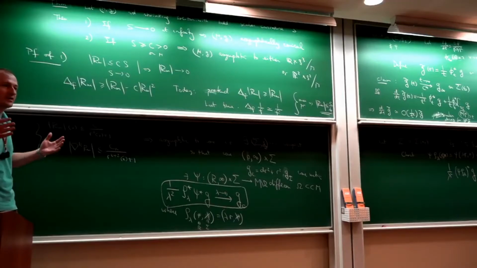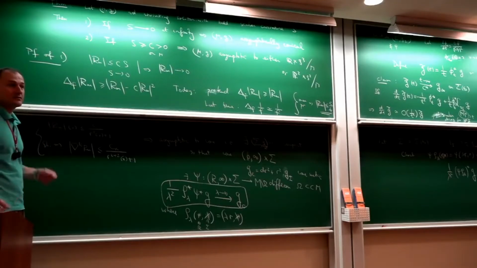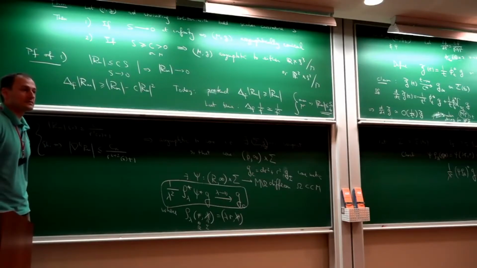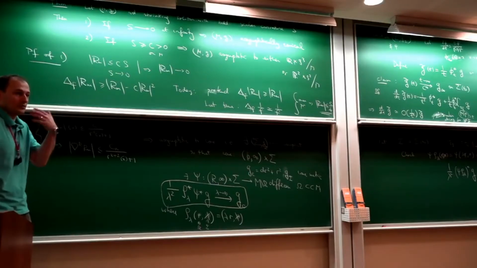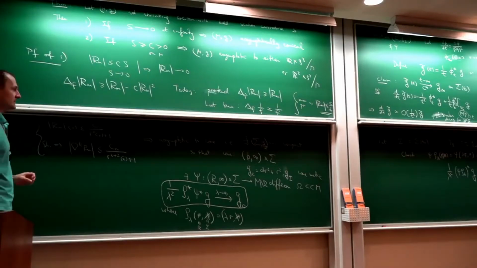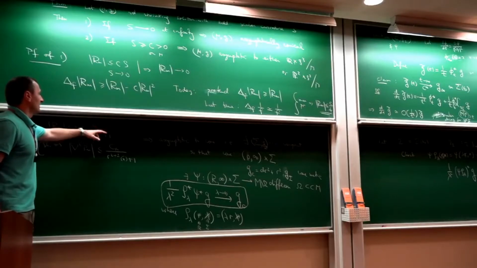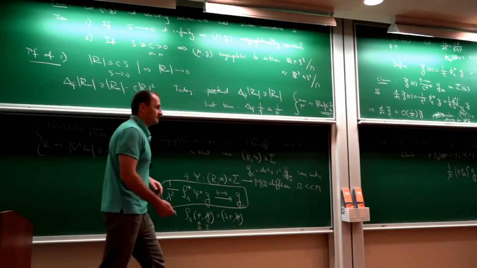It's bounded by some constant, but that constant comes from here. It's not a universal constant, or I don't know how to prove it is. Everything comes from here, but these estimates are rough, so we don't know C.